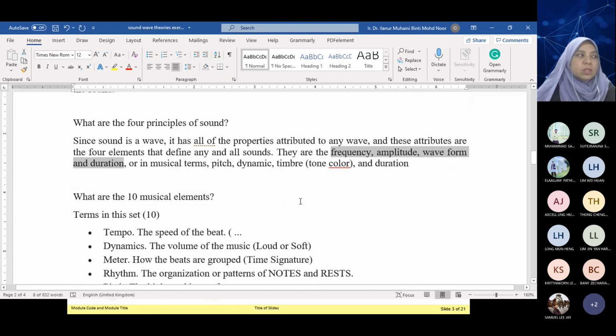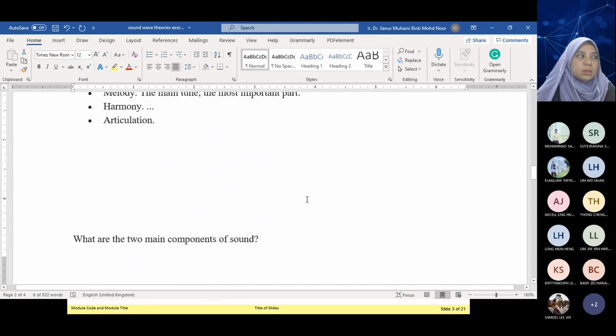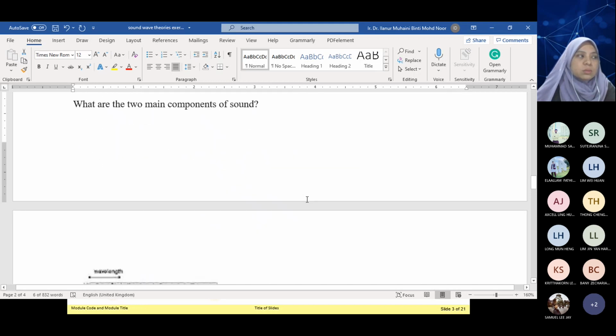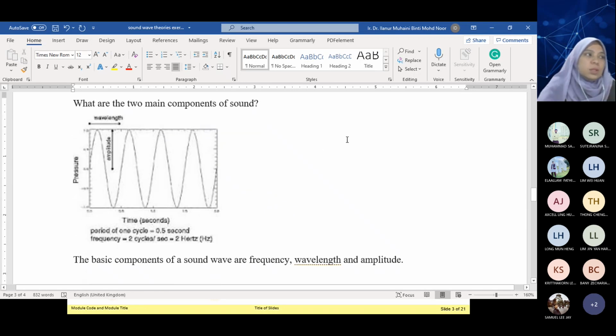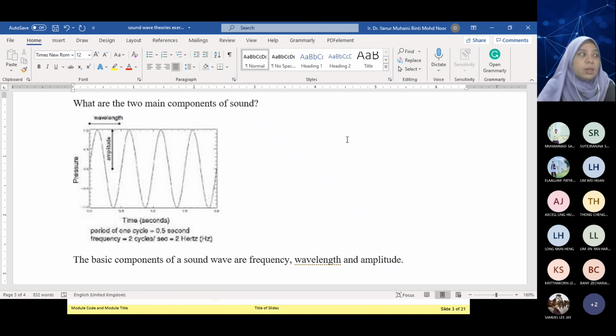Duration, we also call it T or period. The main components of sound are frequency and wavelength.